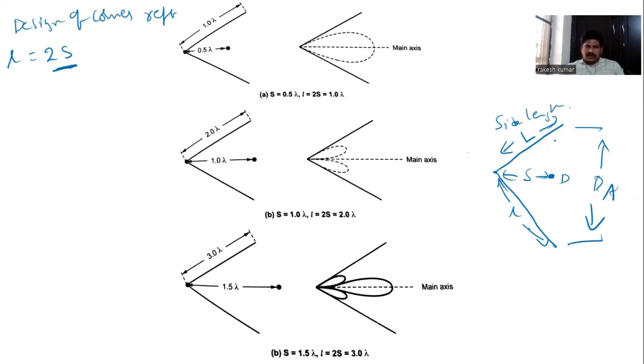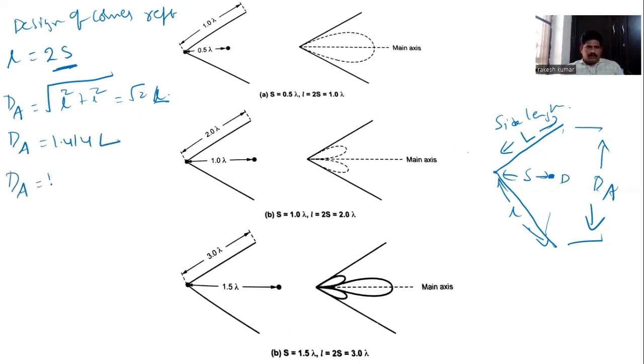If you take the triangle, what is the formula for DA? DA is equal to root of L square plus L square, that is root 2 L. So DA is equal to 1.414 L. I can express L in terms of S, that is 2S.